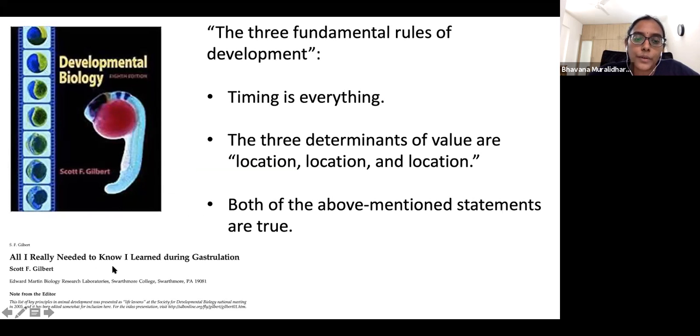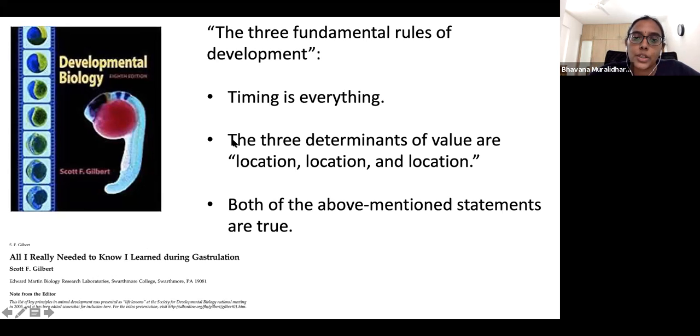In one of his articles, somebody asked him what he would like to sum up as a biologist, and he said that all I really need to know from biology, I learned during gastrulation. And what is true for gastrulation is perhaps true for everything in development. I'll be sharing the article with you after my talk, and I suggest all of you read it before your course ends, because all that you've read till now, he has probably summarized very well in this article.